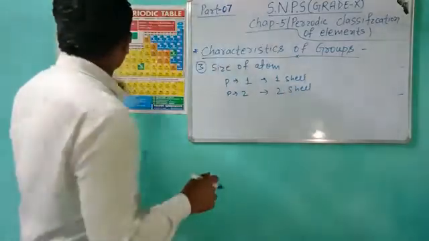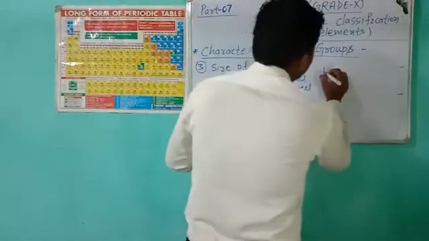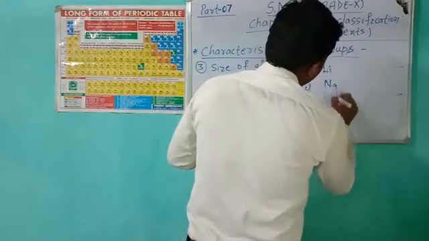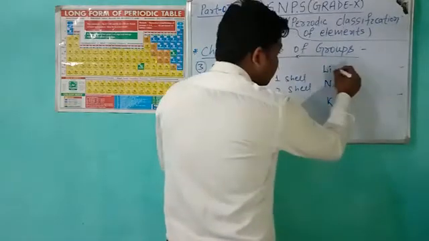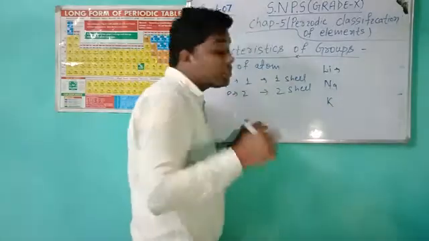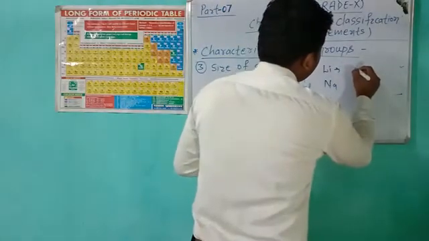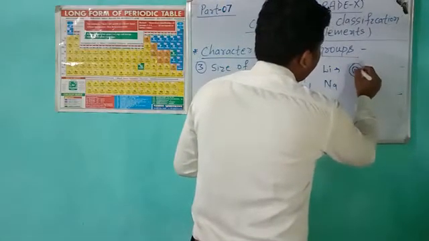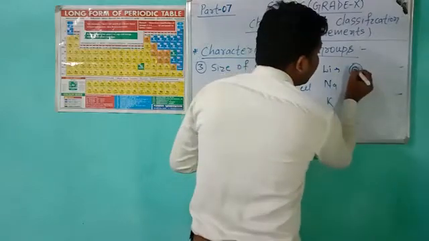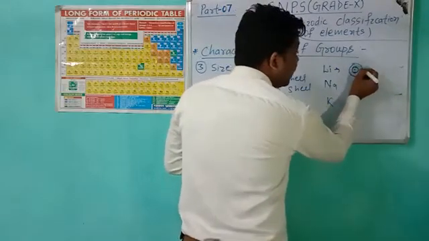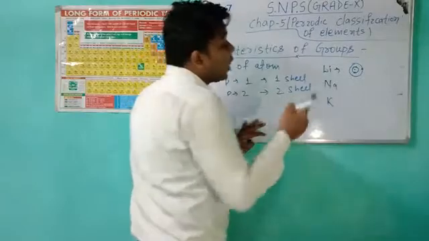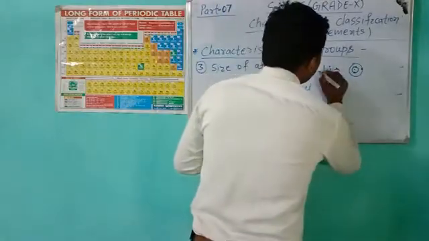And if we talk about some examples, lithium, sodium, potassium. Lithium has 2 shells, in which the first shell has 2 electrons and the second shell has 1 electron, because it has an atomic number of 3.